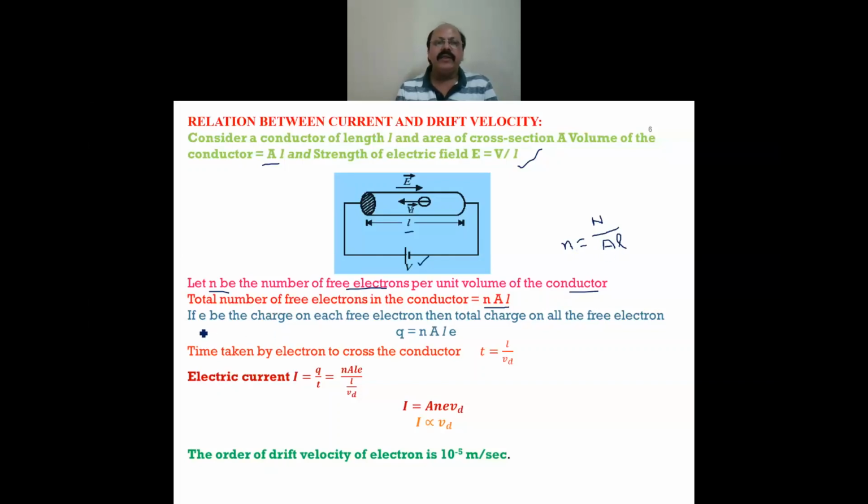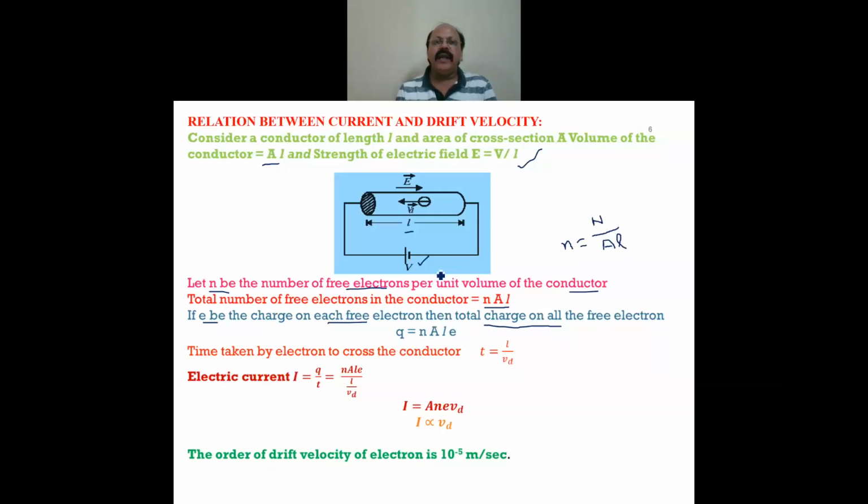Similarly, you can find out total charge on all free electrons. If we say that small e be the charge on each electron, then the total charge on all free electrons becomes Q equal to capital N e. Then it becomes Q equal to nALe, total number of free electrons multiplied by charge on each electron. So this is the total charge on all free electrons.